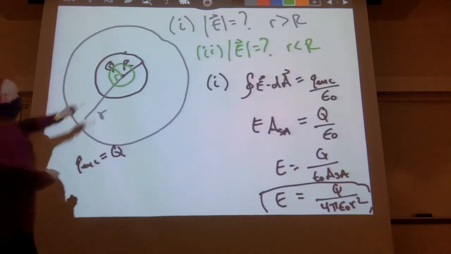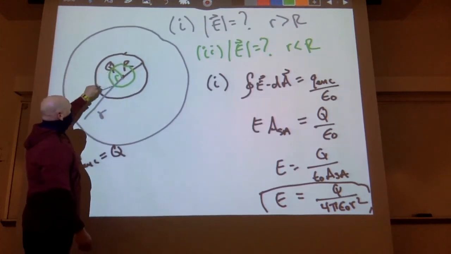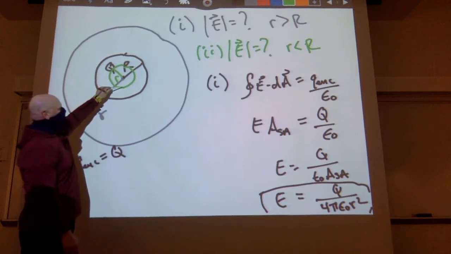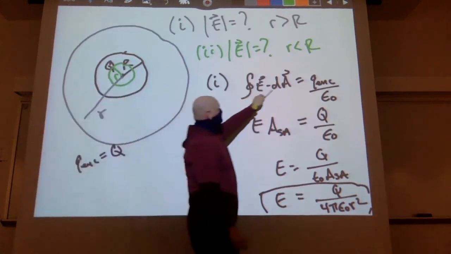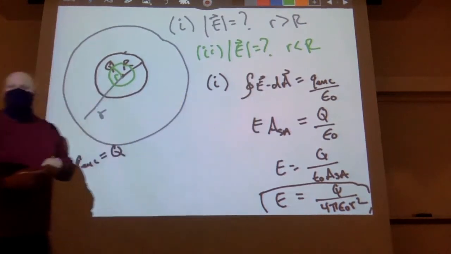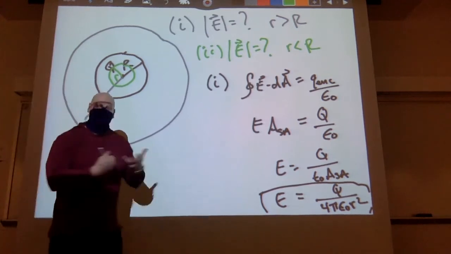So again, the sphere still has spherical symmetry. So as long as I'm inside of the sphere anywhere, the electric field still has to be perpendicular to the sphere at all points, which means that this simply comes outside. So this becomes the electric field times the integral of the surface area, which is simply the surface area. So left-hand side stays the same. Nice and easy.